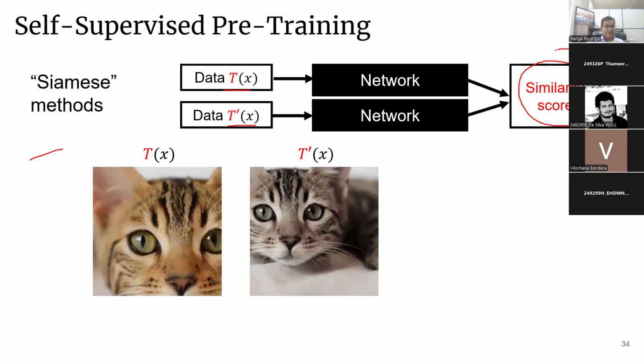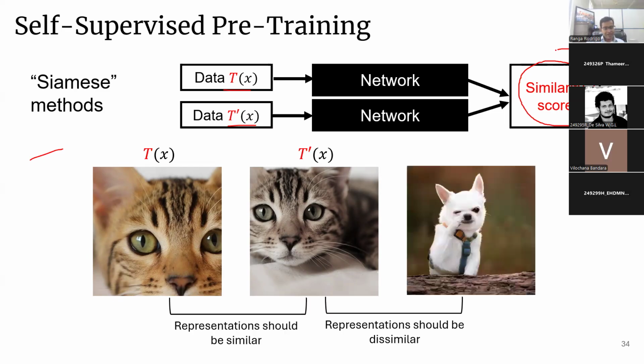Here is an example: a color transformation, moving the image a little, cropping. The representation should be similar for these things, and the representation should be different from this image because these are from different classes. That's how you use Siamese networks.